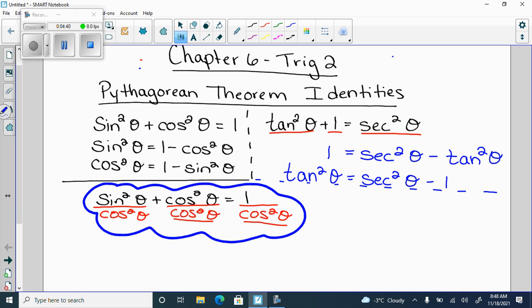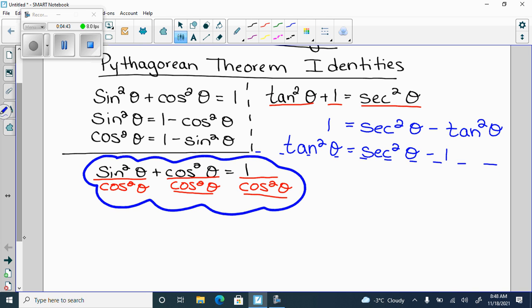Okay, there's a third trig identity, or Pythagorean theorem identity.